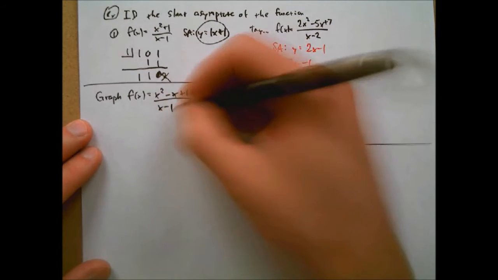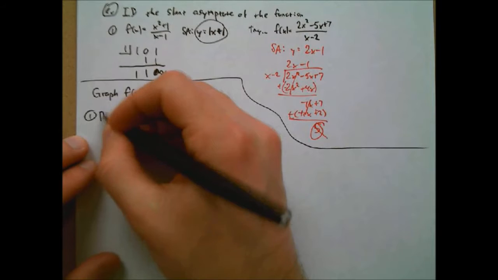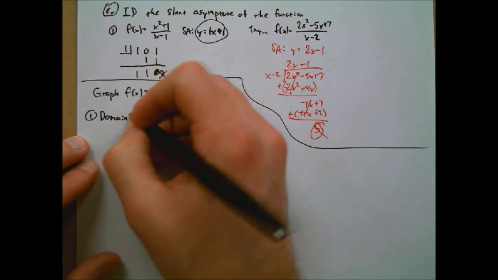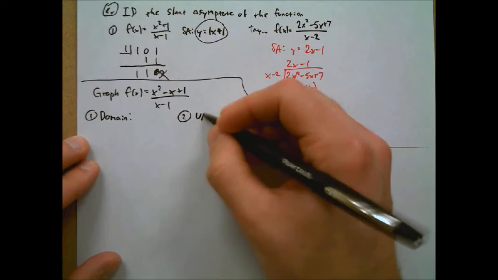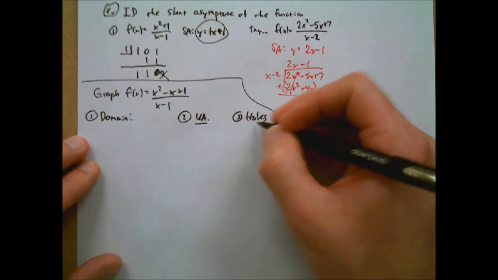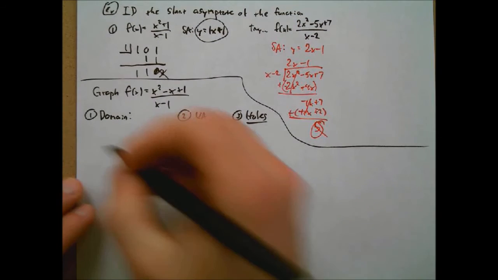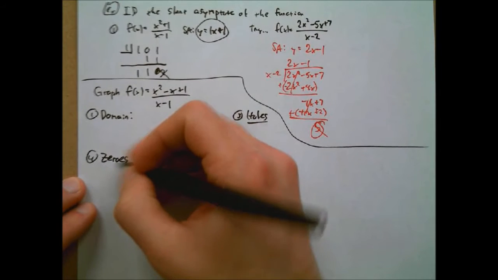I'm going to have you go ahead here, find the domain. Identify any vertical asymptotes. Identify any holes. Identify any zeros.